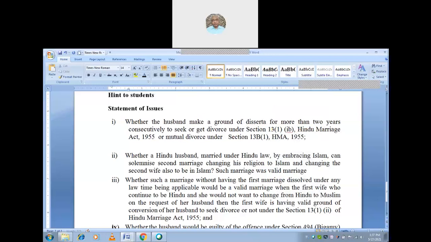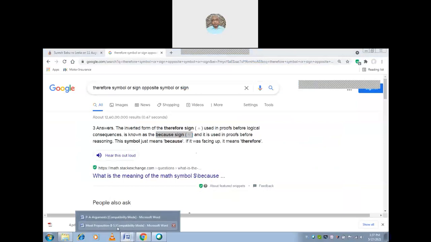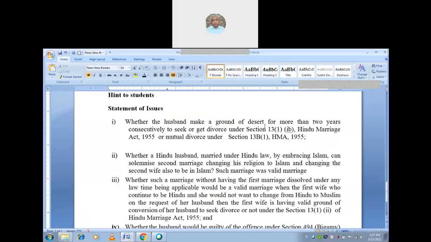Desert means D-E-S-E-R-T. This is the ground for desertion, and which comes in the section. Yeah, now it is correct.